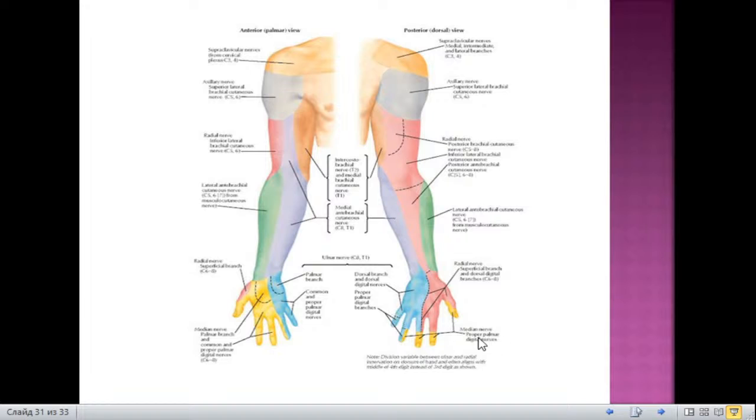And at the dorsal side, chiefly two nerves. Half at the side of the thumb is radial, and half from the little finger side is ulnar nerve.